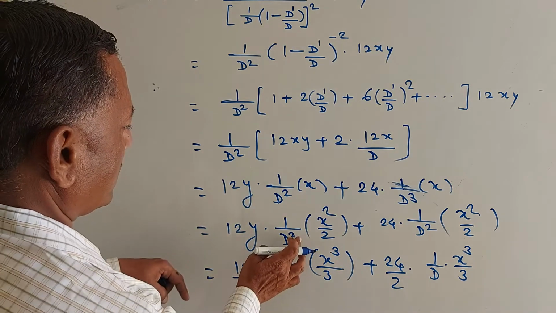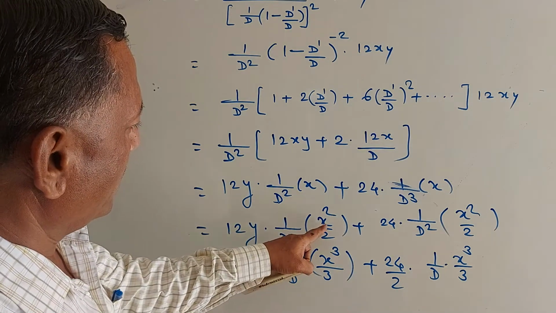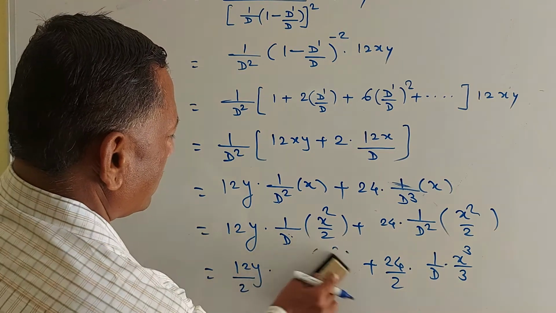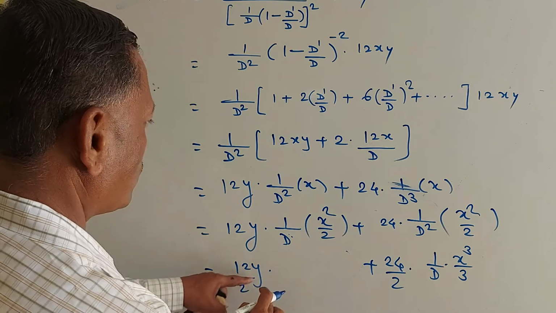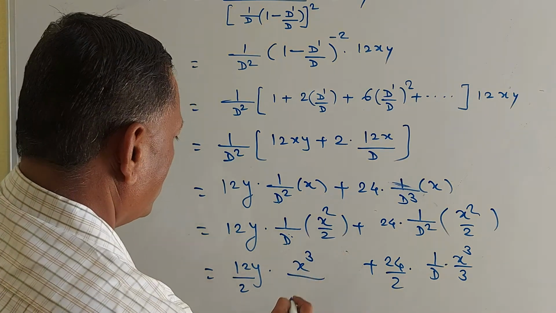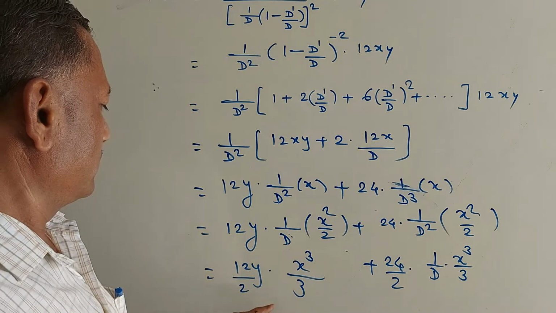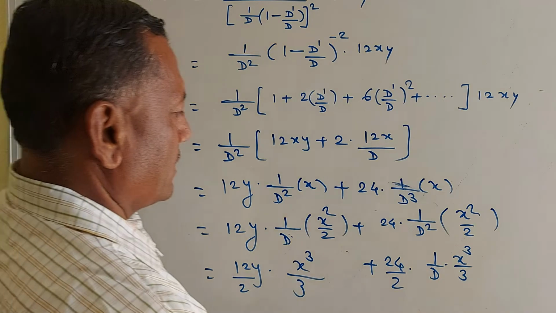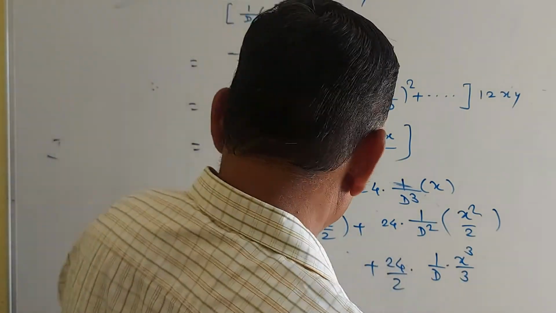Here not D square, only D, because 1 upon D into 1 upon D. Therefore this 1 upon D means integration: 12 upon 2y, x cube upon 3. This completes, then plus 24 upon 2, 1 upon D, x cube upon 3.